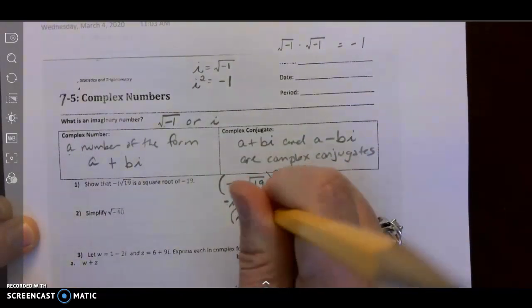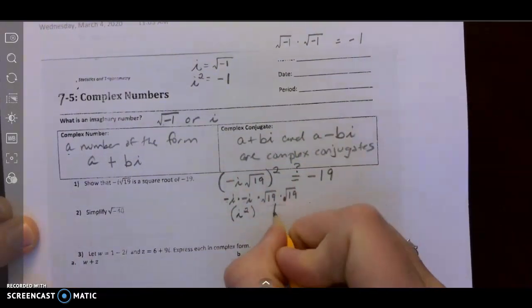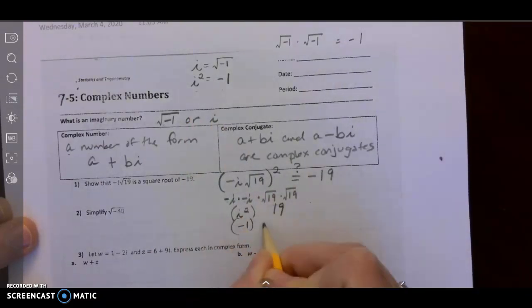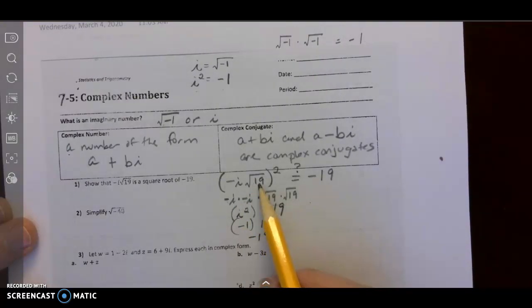The square roots cancel one another out, and we're simply left with 19. i squared is -1, so this is -1 times 19, and we get -19. So sure enough, when you square -i times the square root of 19, you get -19.